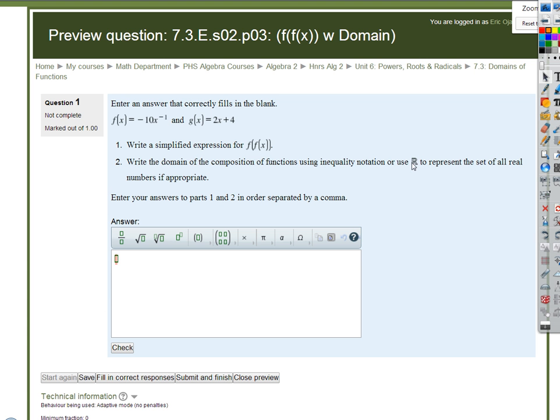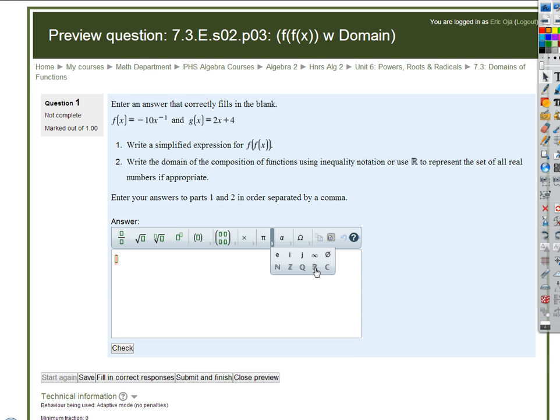Then you go comma, and then to enter all reals, I just go to the symbol menu, and there it is. That's the math way of saying that the domain is unrestricted. The whole set of real numbers would work. There's no restriction on that set. So the restrictions are the ones that are imposed by those two rules, right?